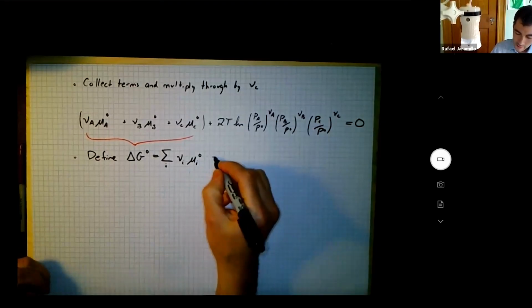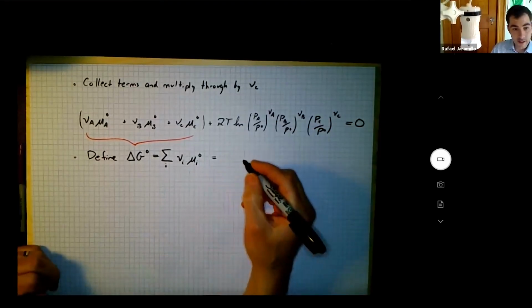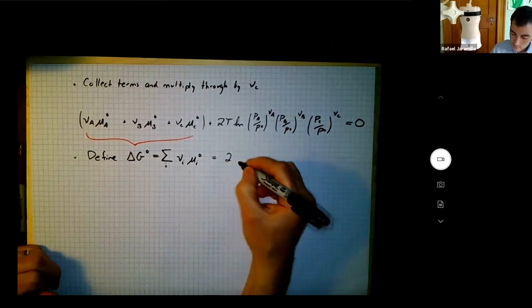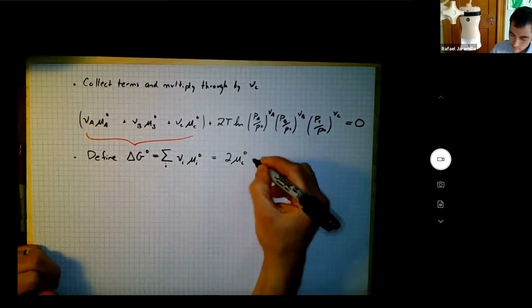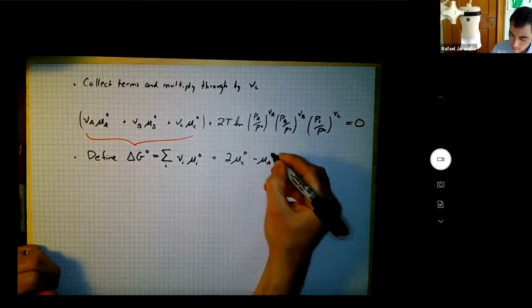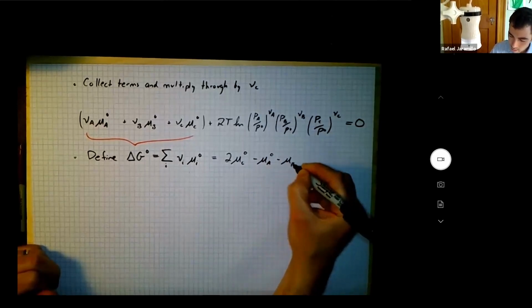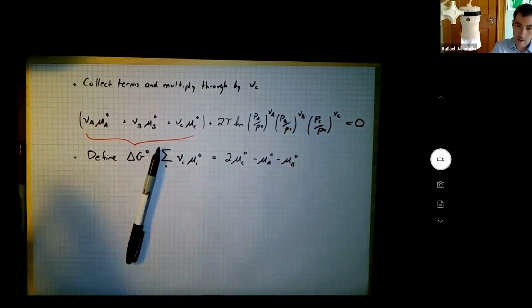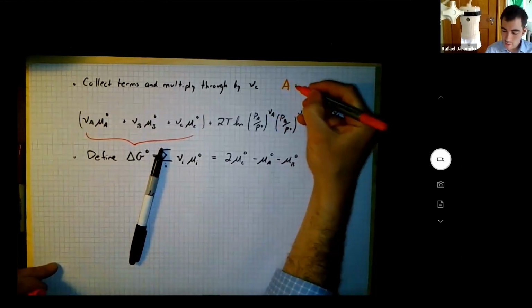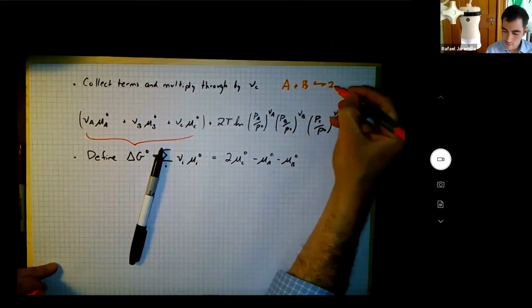Why does that make sense to define it that way? In this case, it's the following: 2 mu of C naught minus mu of A naught minus mu of B naught. Recalling again what our reaction is, it's A plus B going to 2C.